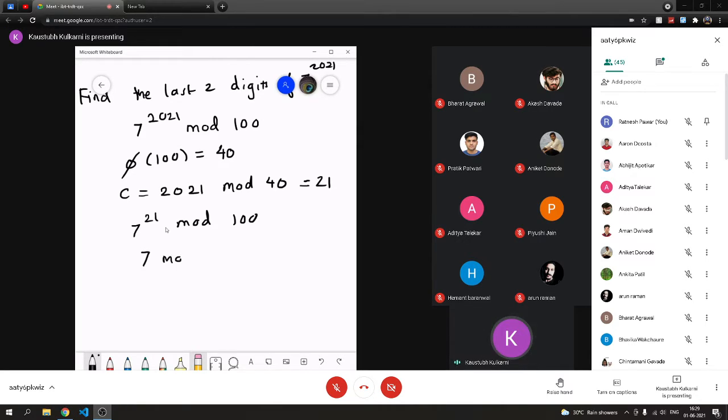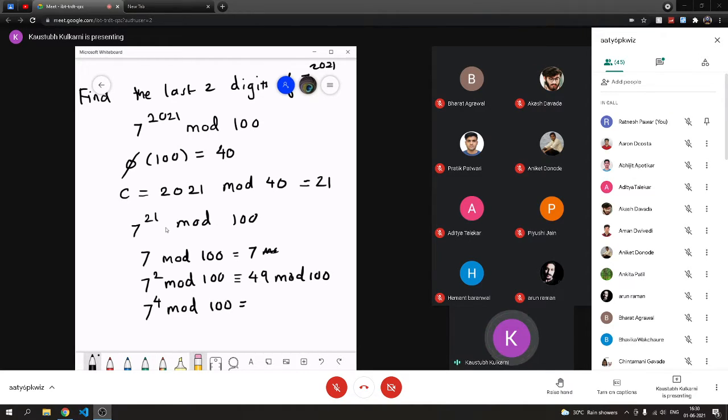7 mod 100 is 7. Then 7 squared mod 100 is 49. Then 7 raised to 4 mod 100.